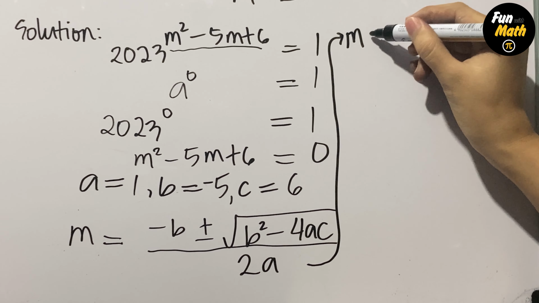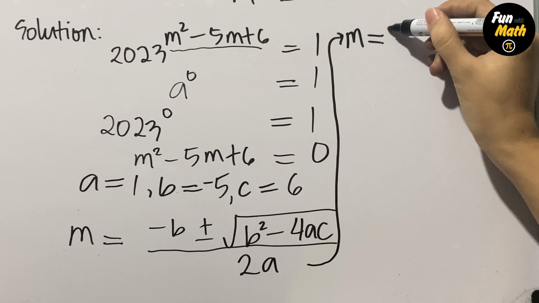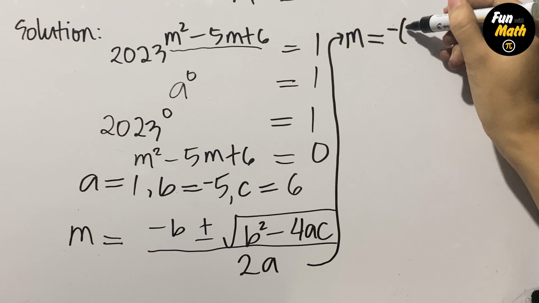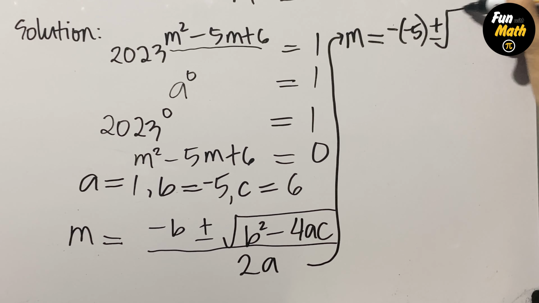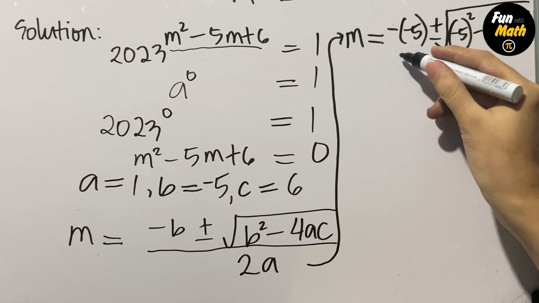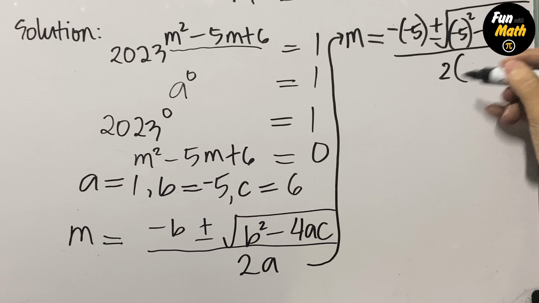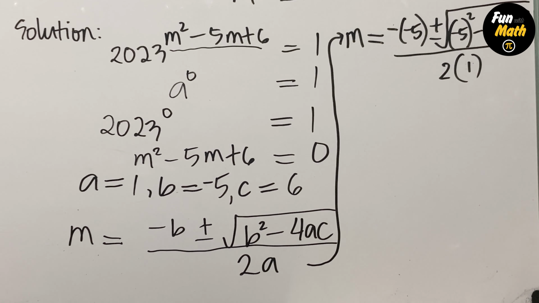m is equal to negative b, that is negative 5, plus or minus the square root of b squared, that is negative 5 squared, minus 4 times a, which is 1, times c, which is 6, whole over 2 times a, that is 1.